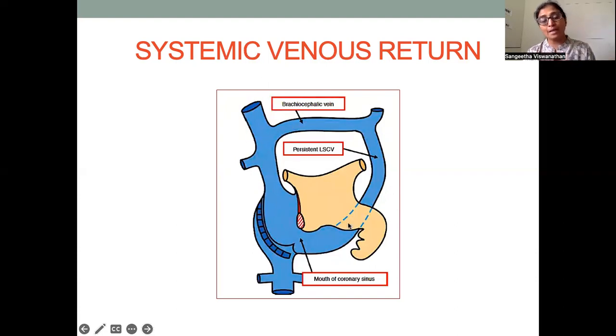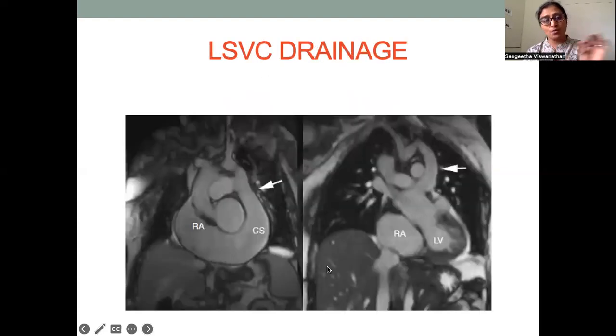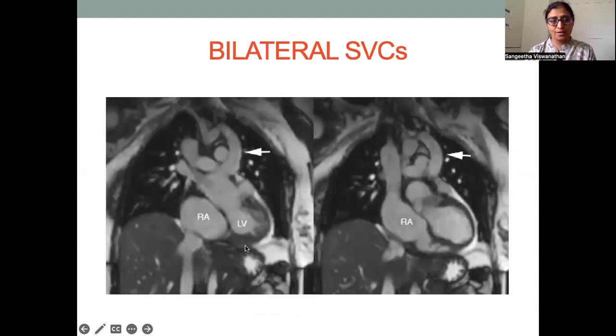Sometimes they are completely independent with no bridging vein or only a tiny bridging vein. The persistent LSVC anyway drains via the coronary sinus into the right atrium. So it goes to the correct place. This is an image of a persistent left SVC into a hugely dilated coronary sinus going to the right atrium. Like I said, in isolation, this finding does not have any clinical significance.